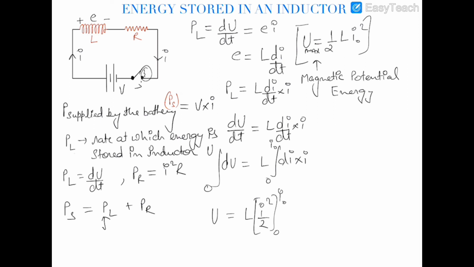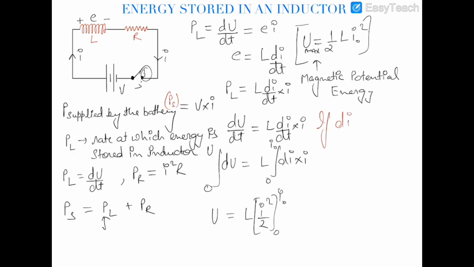The important thing is also to note that the energy is being stored in this inductor only when the current is increasing in the circuit. So energy will be stored in the inductor only when the current increases in this circuit.